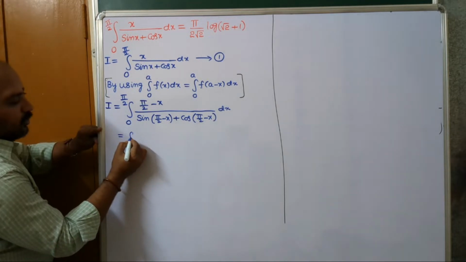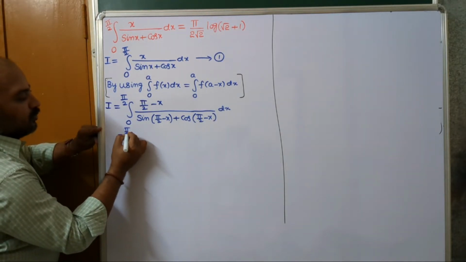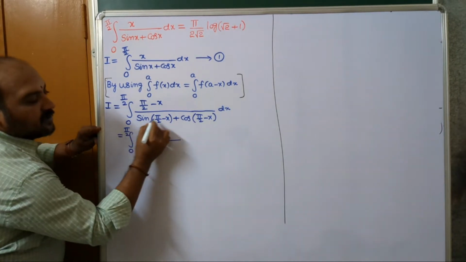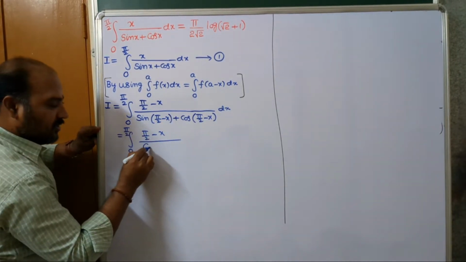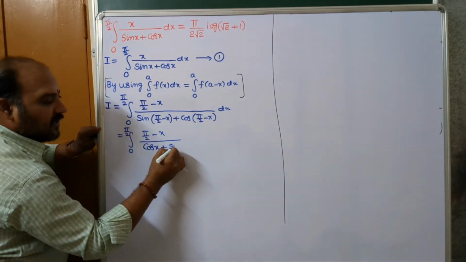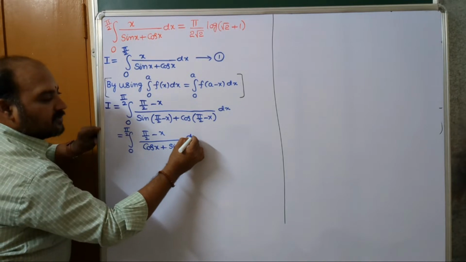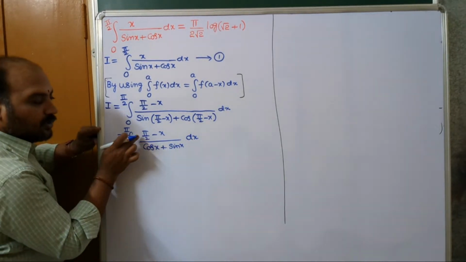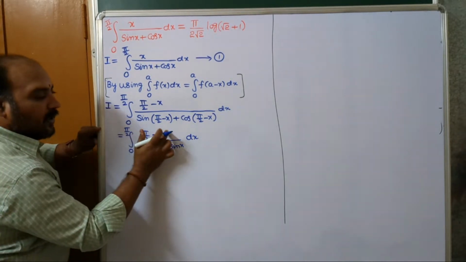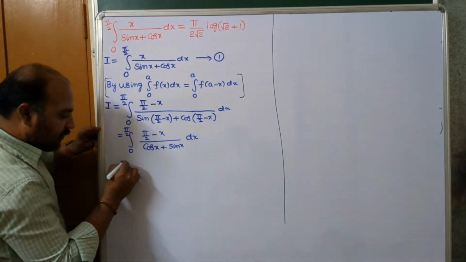So that is equal to integral 0 to pi by 2 of (pi by 2 minus x) divided by (cos x plus sin x) into dx. Now we can split into two integrals, pi by 2 by this value minus integral 0 to pi by 2 x by this value.